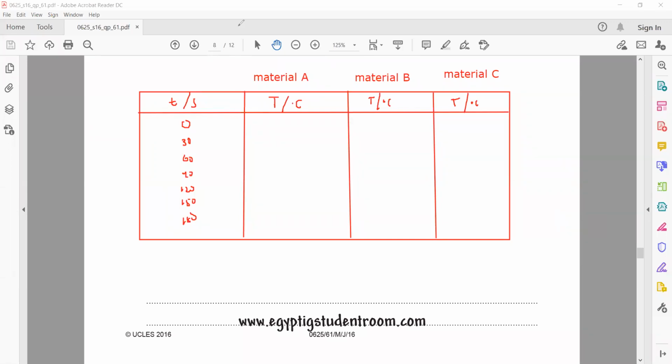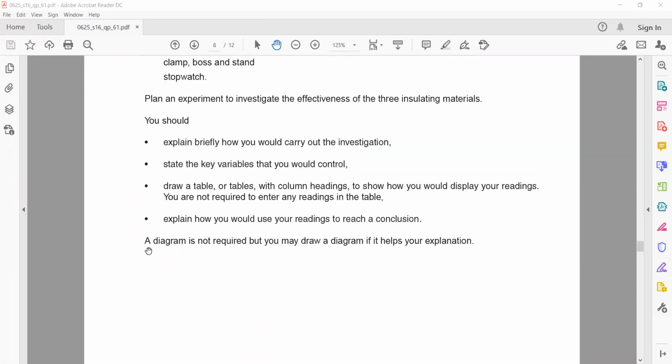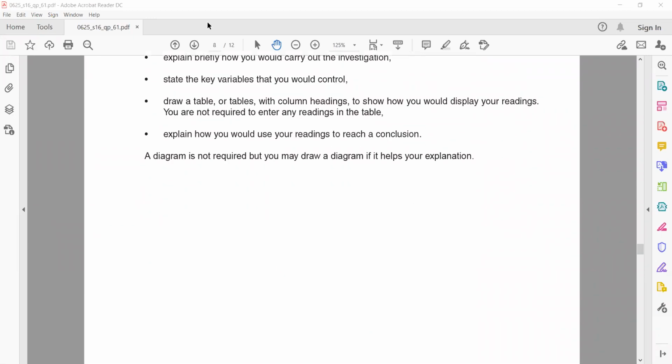Then the last part: explain how would you use your reading to reach the conclusion, the result. So how we will use our reading to reach a conclusion?